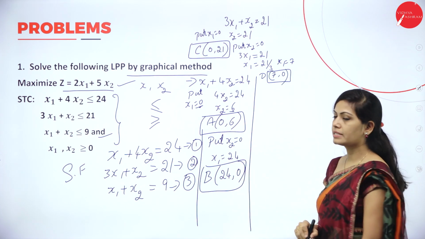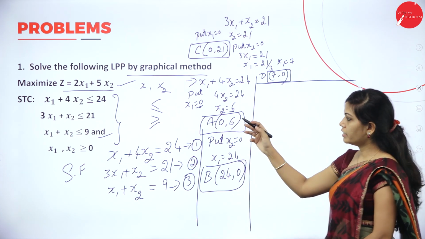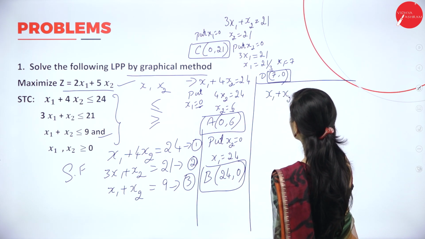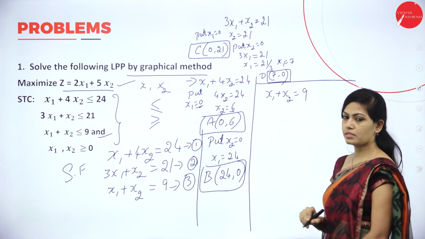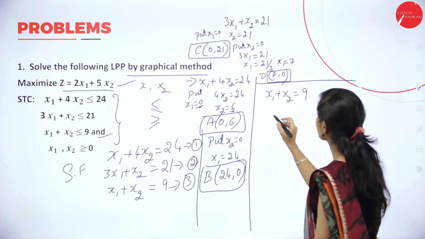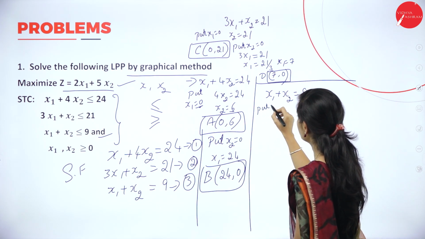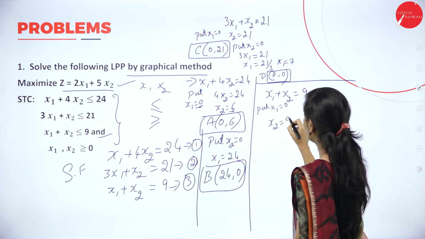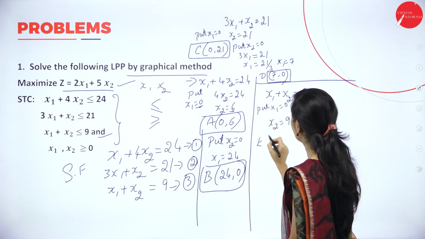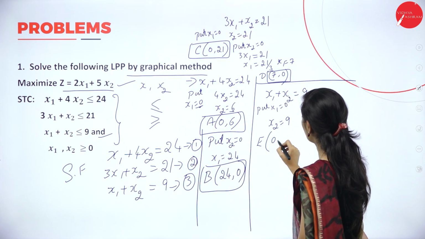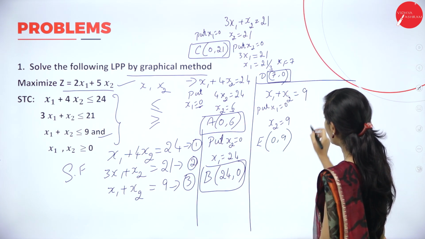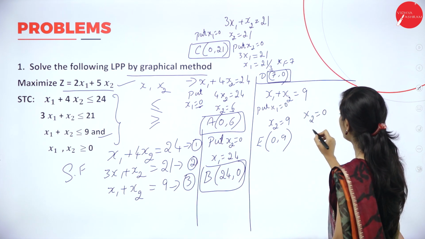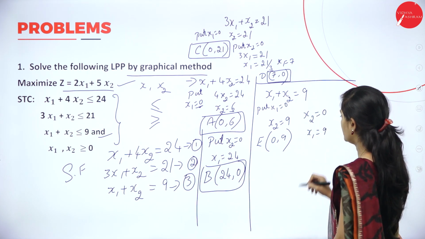The third equation is x1 plus x2 is equal to 9, equation number 3. Put x1 is equal to 0, so x2 is equal to 9. The fifth point is 0, 9. Put x2 is equal to 0 and x1 is equal to 9.